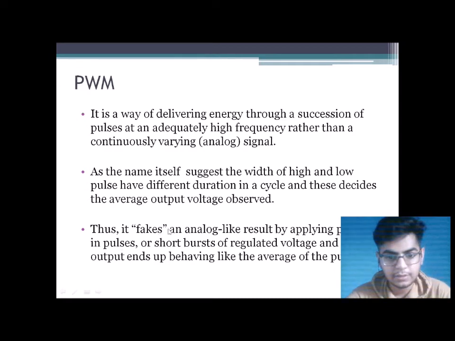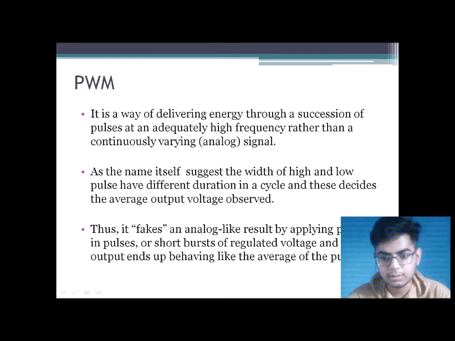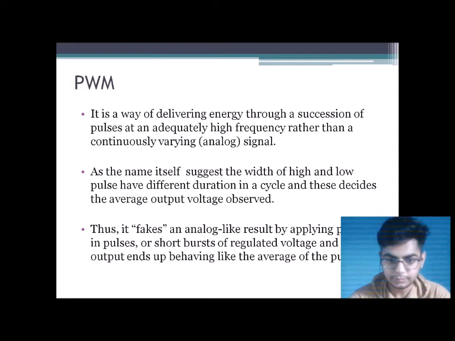Thus it fakes an analog-like result by applying power in pulses or short bursts of regulated voltage, and the output ends up behaving like the average of the pulses. You can get this from our fan and switch analogy.